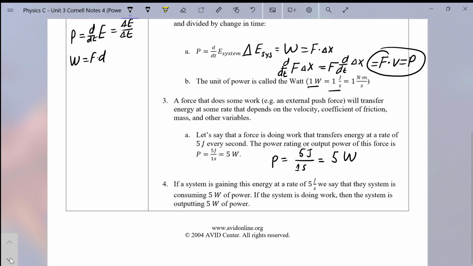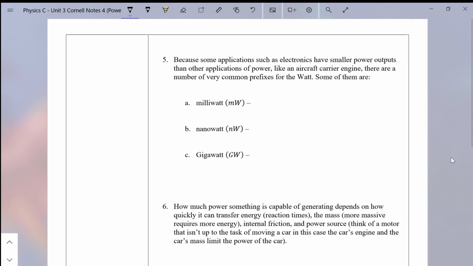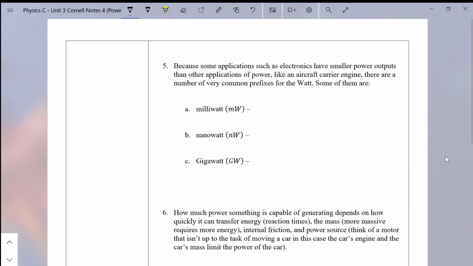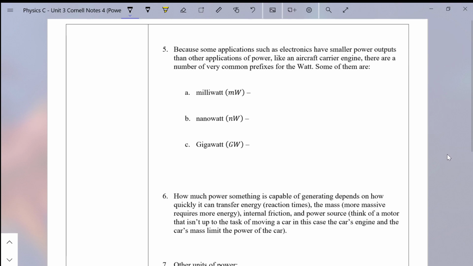So that is just kind of nomenclature stuff where we want to differentiate between work being positive and being done on a system to increase its energy, which we say is consuming power, versus work being negative, and then a system is doing work on the surroundings, on the environment, and so it's losing energy and work is negative.